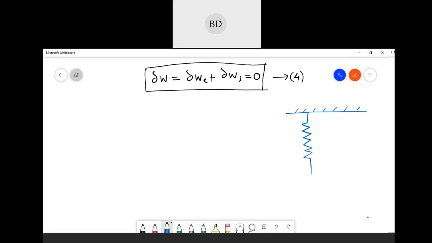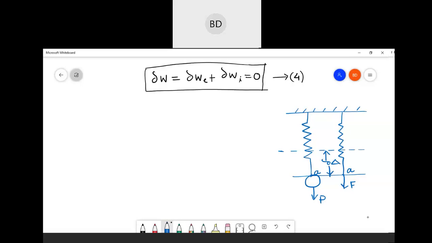Suppose this point is A. Since this is A, this is also A. This is internal force F. Let us call this distance del delta, a very small displacement.